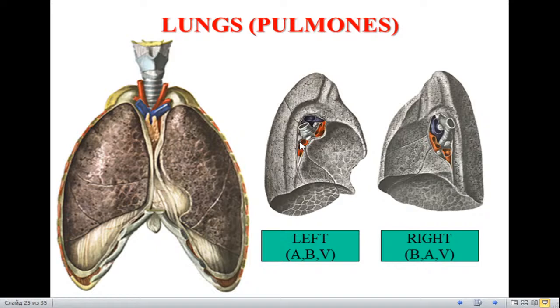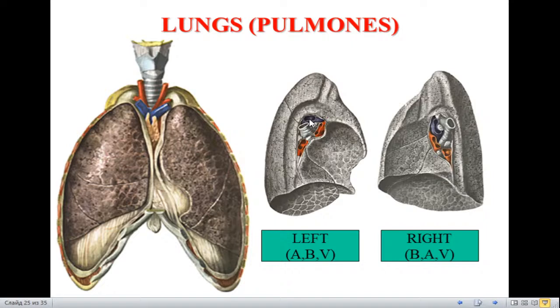And if you look, these structures are called the hilum of the lungs, and they are different in the right and left lung. In some books and pictures you will see that the pulmonary artery is blue in color, because the pulmonary artery transports non-oxygenated blood, as it's the lesser circle of blood circulation.